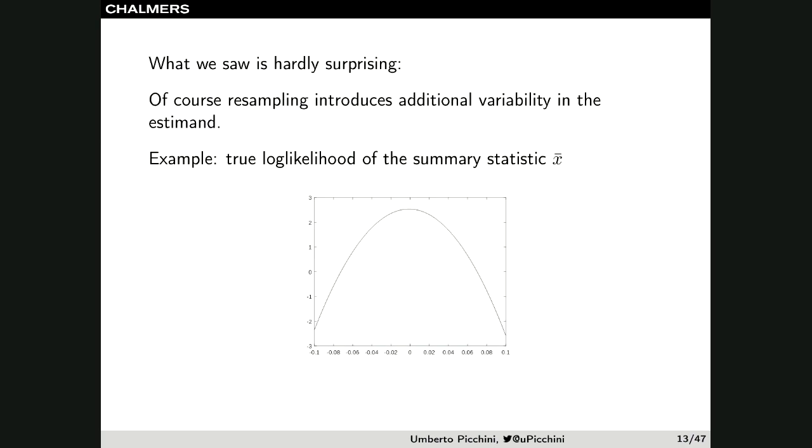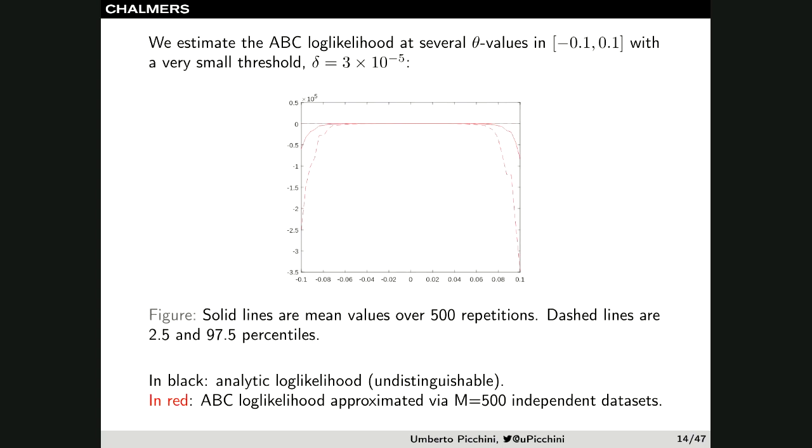And let's look at what happens to the ABC likelihood. So what we have is the log likelihood of the summary statistic, which we can compute in closed form, of course, this ABC likelihood for this summary statistic. And let's see what happens if I use the pseudo-marginal MCMC with 500 independent simulated datasets.